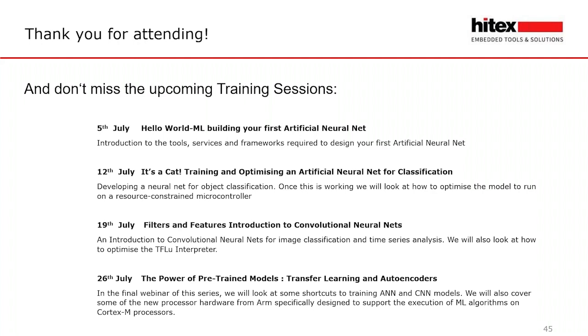In the third session, we'll have a look at convolutional neural nets, both for image and time series classification, and also how to optimize the interpreter, the TensorFlow Lite interpreter as well. And then finally, we'll round off with a look at how to use pre-trained models and autoencoders. We'll also have a look at running code on the Ethos coprocessor as well.